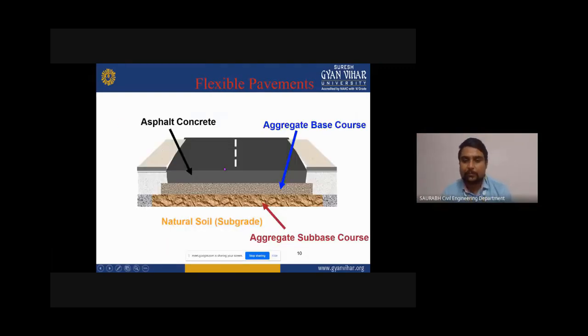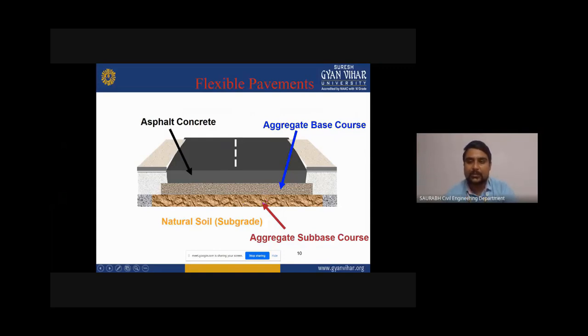These are the parts of your flexible pavement. As you can see here, there is subgrade. Subgrade means the natural soil at the bottom of the pavement. After that, there will be aggregate sub-base course.